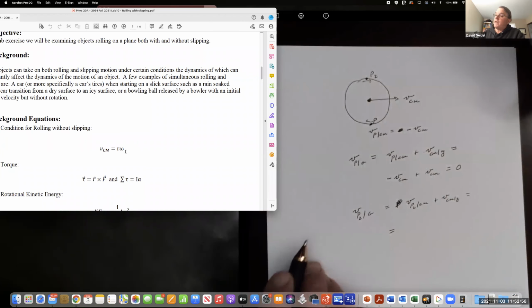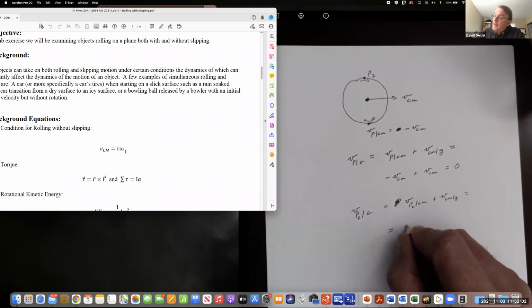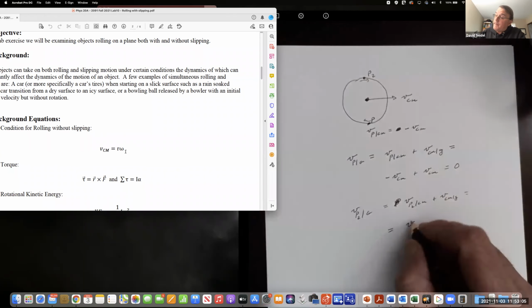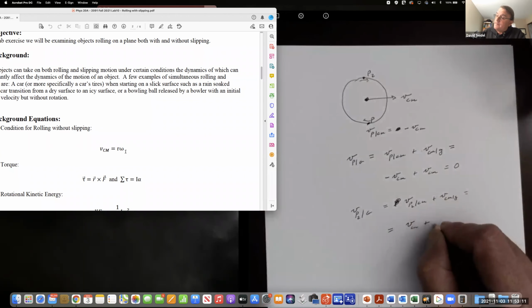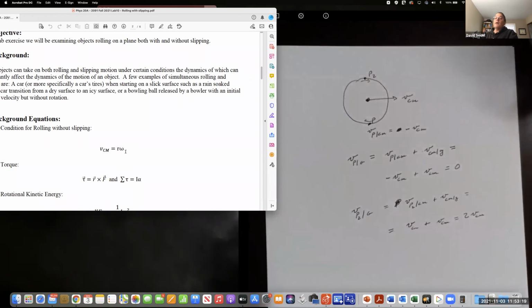It is going to equal the center mass plus the center mass, which is equal to 2 V center mass. So the point at the top relative to the ground is going twice the velocity of the center mass. The bottom is going at 0 relative to the ground, and the center mass is moving at V center mass. This is your condition of rolling without slipping.